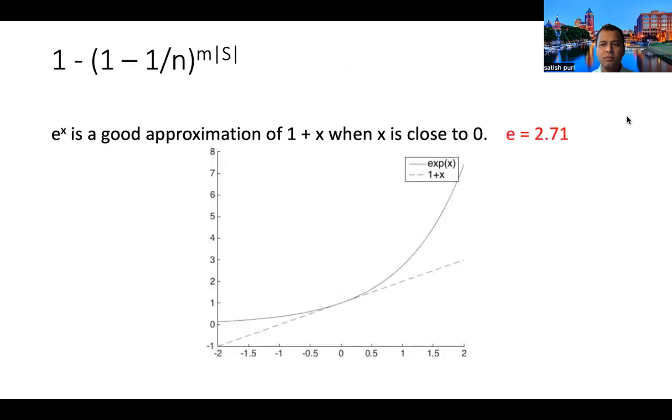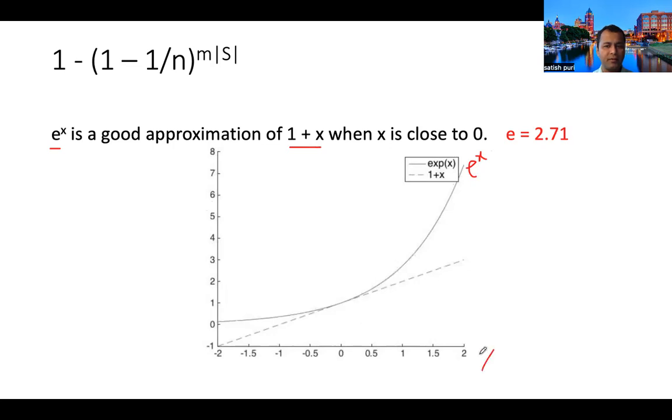All right, to simplify this expression, let us look at a graph of e to the power x and 1 plus x. In this graph, you can see there are some values on the x-axis and some values on the y-axis, and e to the power x is plotted here and 1 plus x is plotted here, right?